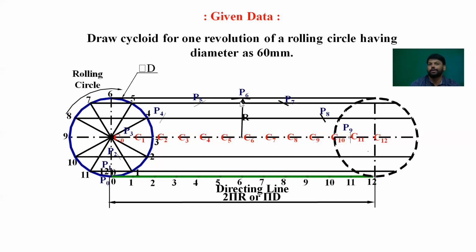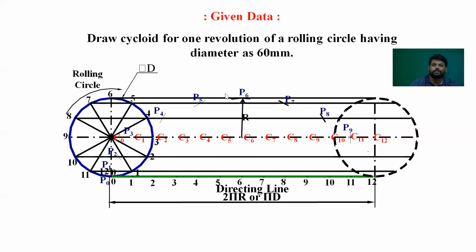Here we don't need to measure directly, you can mark it here because C6 is exactly the midpoint of this locus of center line. That means when the center becomes C6, the circle has already traveled half a revolution. When it has traveled half a revolution, the bottom point becomes the top point.